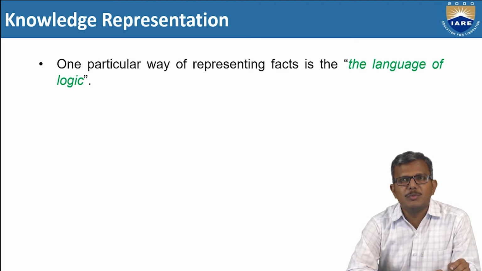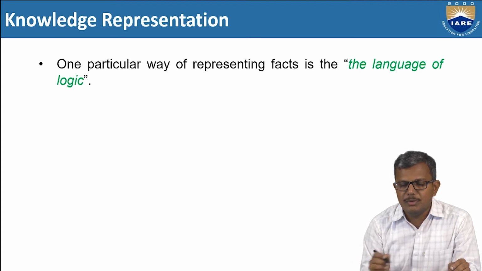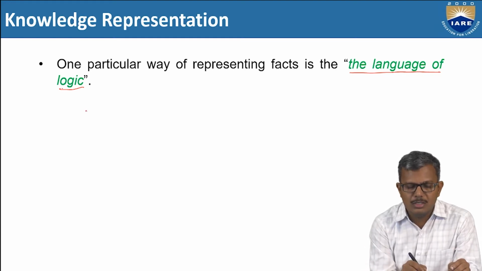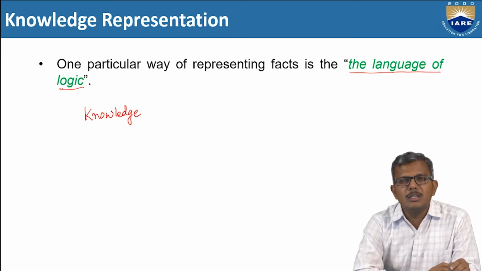One particular way of representing facts is the language of logic. Before trying to understand what the language of logic means, first of all, we will concentrate a little bit on the word knowledge. Okay, in the problem of artificial intelligence, we already said that during problem solving, whether humans or machines, they require knowledge.